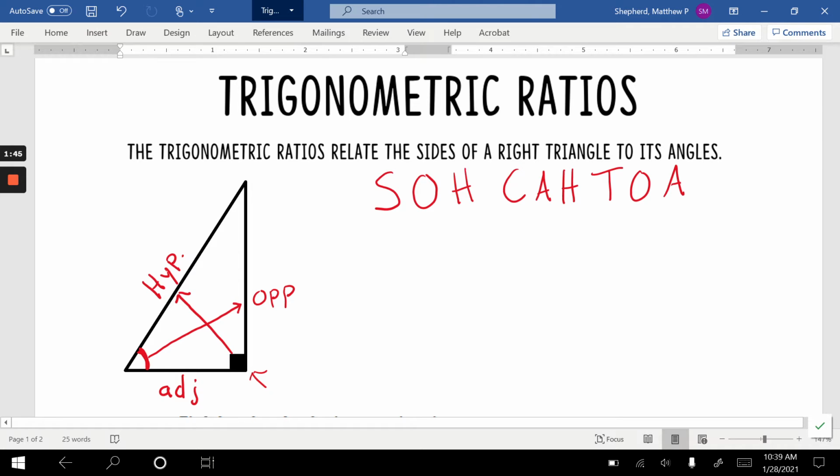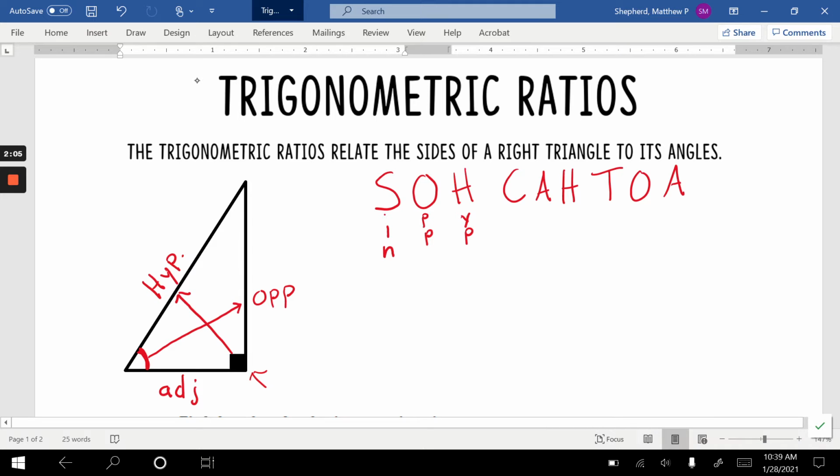When you are trying to find the sine of an angle, it is going to give you the opposite over the hypotenuse.